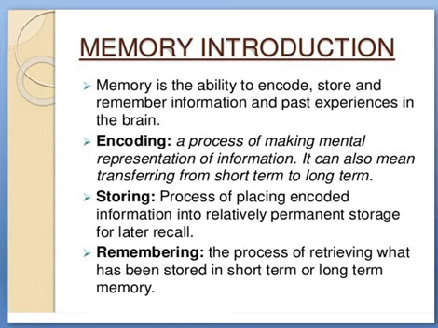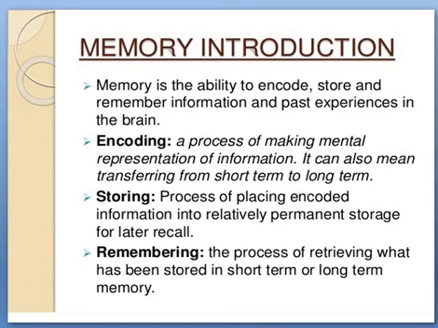It's the second stage of memory. Information which was encoded must also be stored so that it can be put to use later. Storage refers to the process through which information is retained and held over a period of time. Then remembering or retrieval, the process of retrieving what has been stored in short-term or long-term memory.